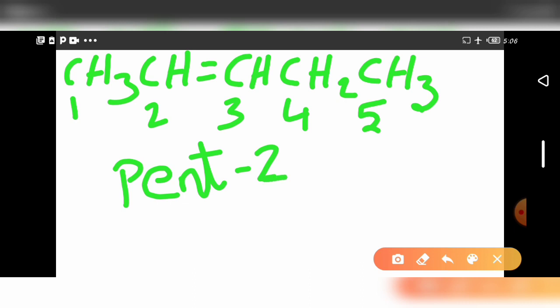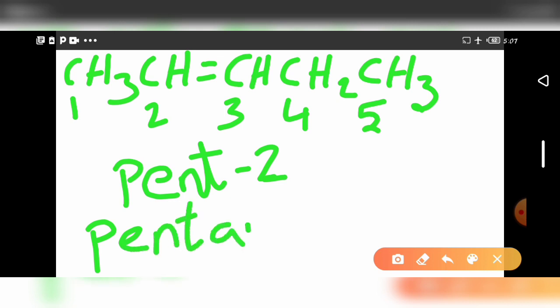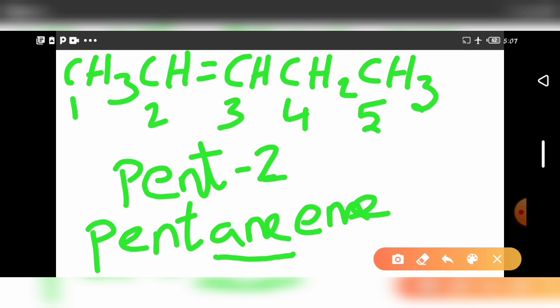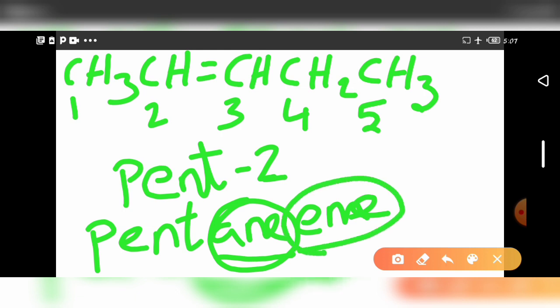Suppose it is not a double bond or triple bond, it is pentane. Instead of ANE for the alkene group, you use ENE. So the primary suffix you use is ENE. So you put the hyphen and write it as 2-ene: pent-2-ene.